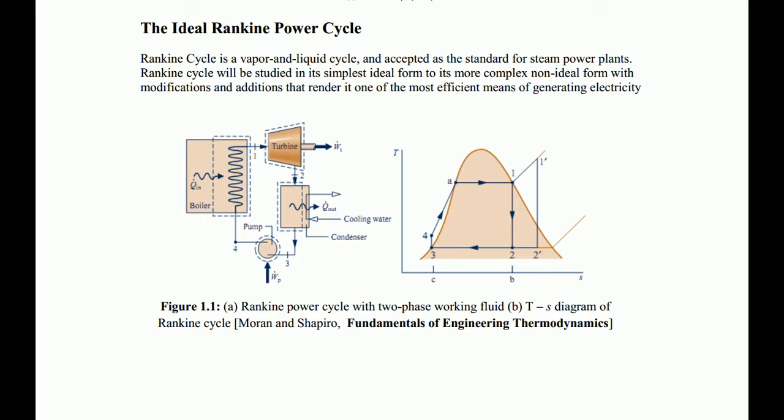So in the tubes, if we have fire, and on the shell side we have water, then by firing furnace oil through the tubes, the water on the shell side gets converted into steam at constant pressure. So at state 1 we can say we have saturated steam.